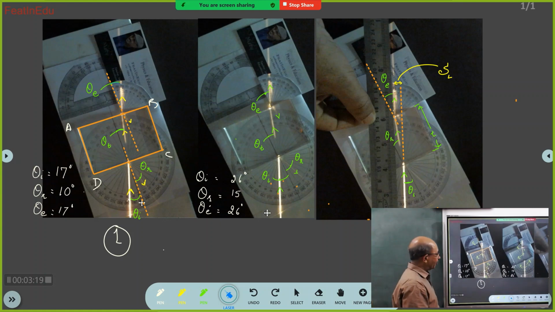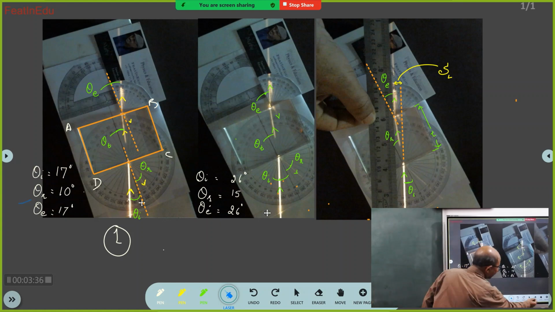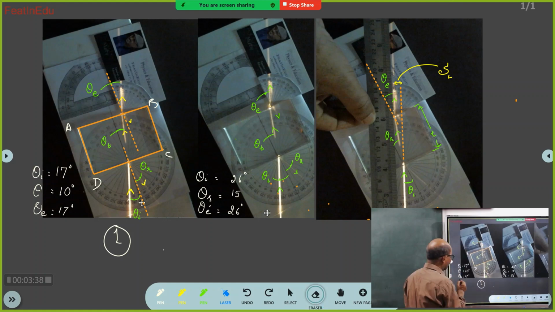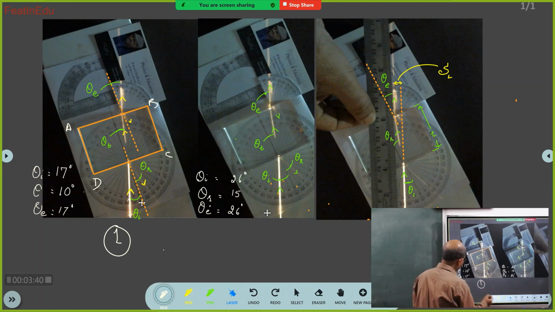We measured all these angles, theta i, theta e, theta t, yesterday, and we have noted these values. So theta i is 17 degrees, theta r, no, it is not theta r, it should be theta e. Yesterday I was using that symbol. So it should be theta e, and it should also be theta t.